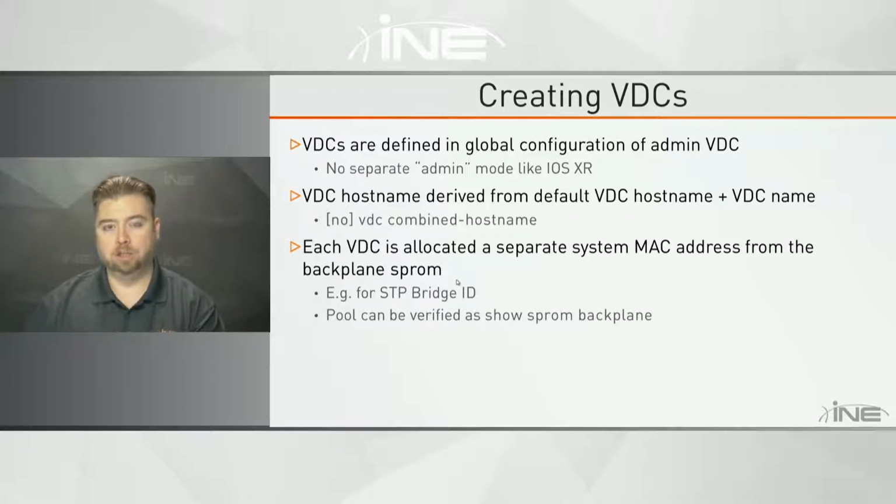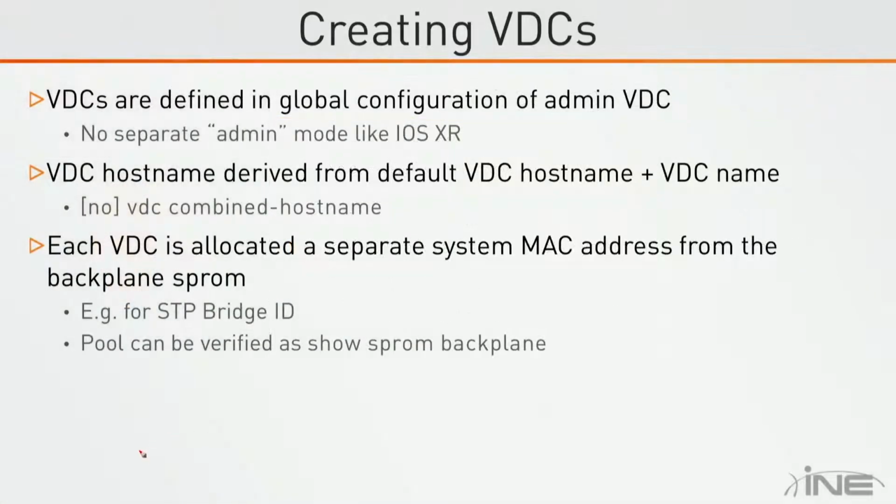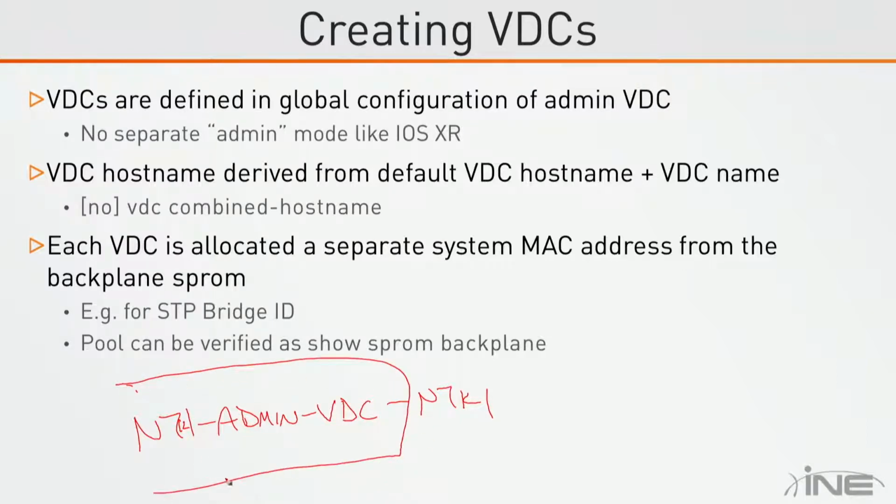So if I was calling this switch N7K1, the host name from the CLI point of view would be N7K1-admin-VDC, and then the user context name, so it would be -N7K1. But from a managed service point of view, if you don't want the customer to know what physical box they're part of, you can turn this off.